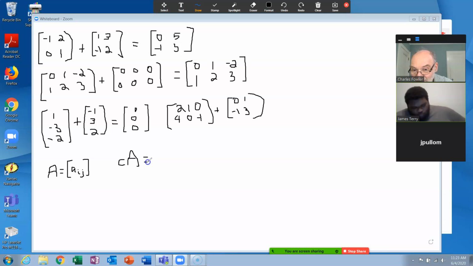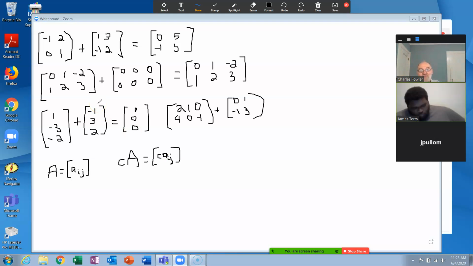That means not just one row or one column, every element, every entry in that matrix is multiplied by the number c. So that's c times a ij. This is getting worse and worse, isn't it? In other words, that constant c is multiplied by every entry.